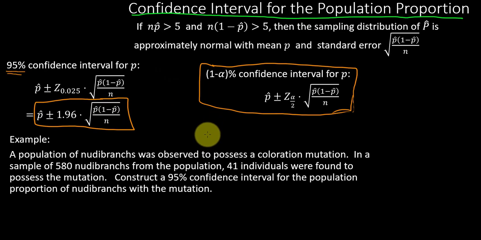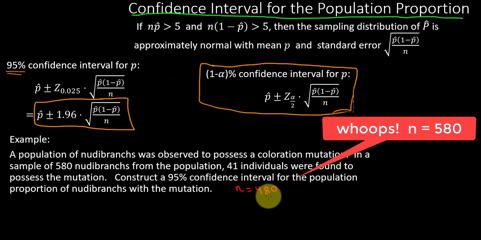Let's look at an example to show how we create a confidence interval for a proportion. In a population of nudibranchs, there is a coloration mutation. And in a sample of 580 nudibranchs, that's our sample size, 41 were found to have the mutation.